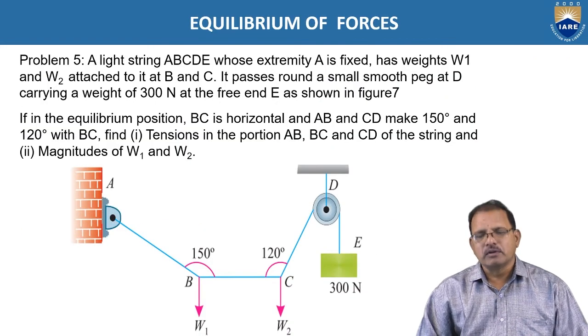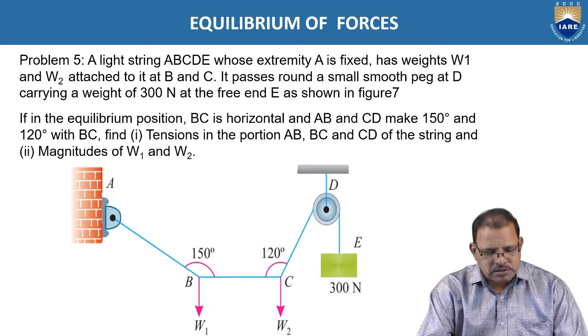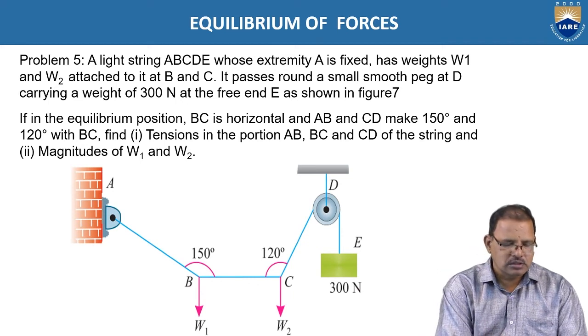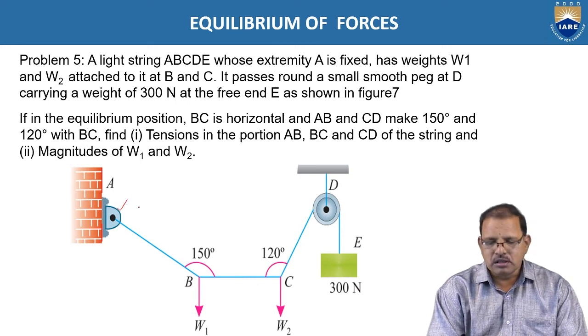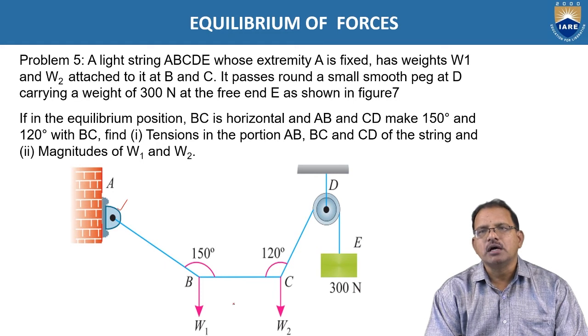Now, I am taking one more problem. A light string ABCD, whose extremity A is fixed, has weights W1 and W2 attached at B and C as shown in the figure.